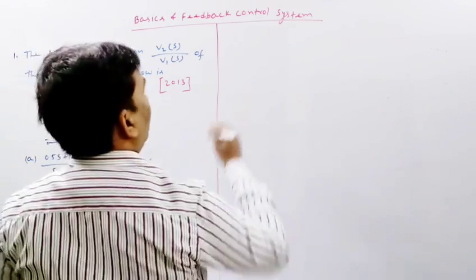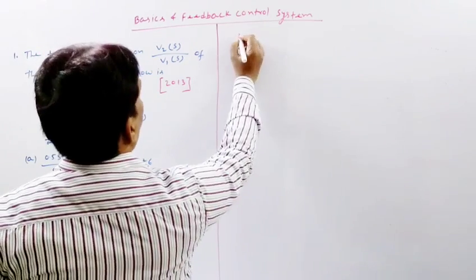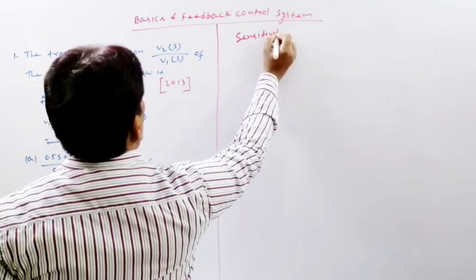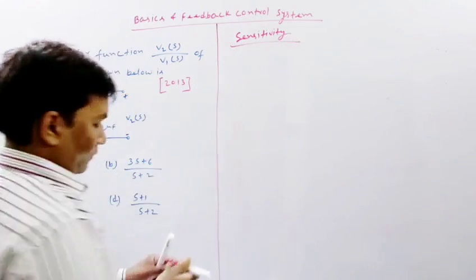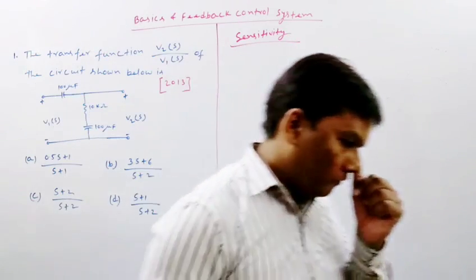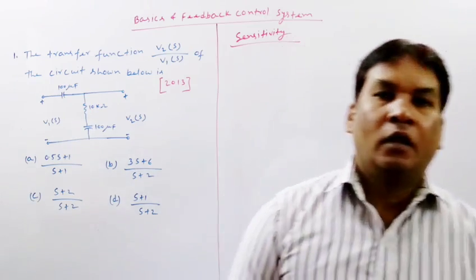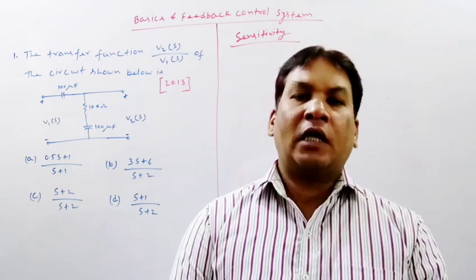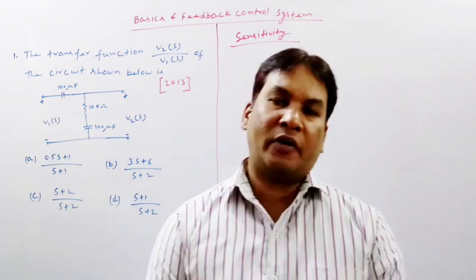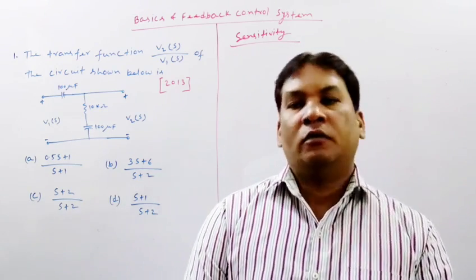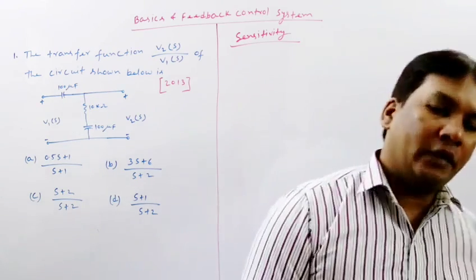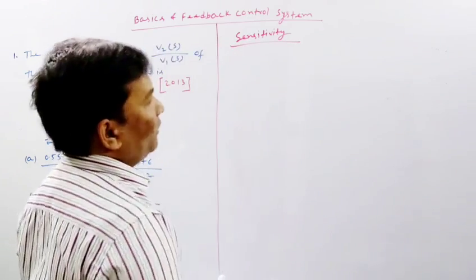So another term is sensitivity. And what is sensitivity? Suppose we are calculating the sensitivity of a transfer function, whether it be closed loop or open loop. So let me write the transfer function for a negative feedback system.